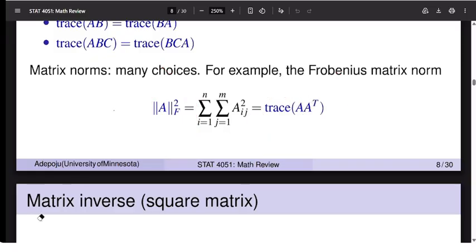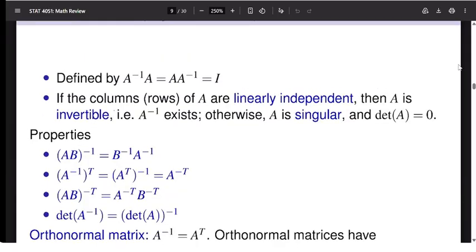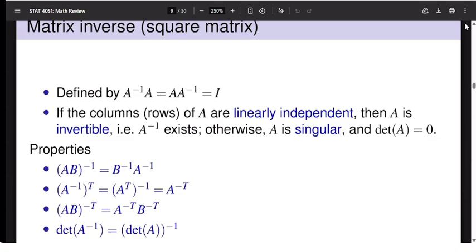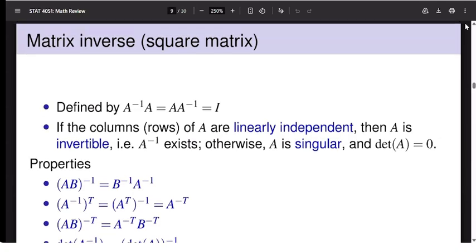Now I want to go into matrix inverse, and I need you to pay attention. We are only concerned with the square matrix.